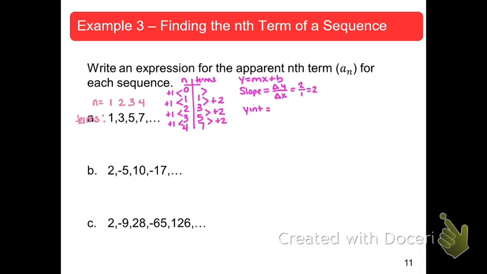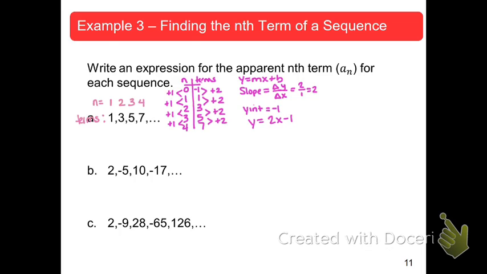Well, my constant change is 2, so I need to know what number can I put right there that when I add 2 is going to give me 1. Well, if you're going backwards, that means you're going to subtract 2. And so 1 minus 2 is negative 1. And then just check it. Is negative 1 plus 2 equal to 1? Yes, it is. So it tells me that my y-intercept is negative 1. So my linear line is going to be y equals 2x minus 1.